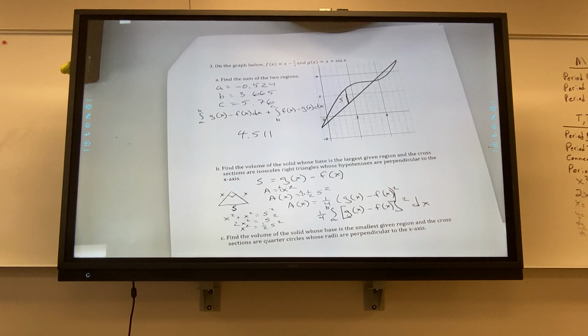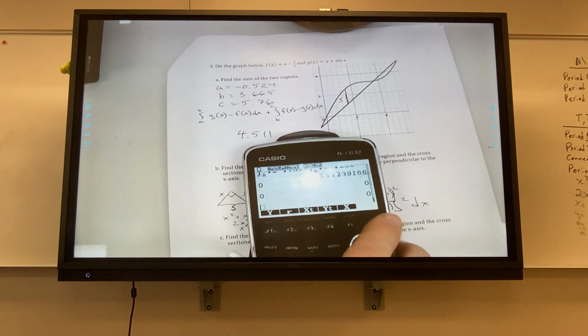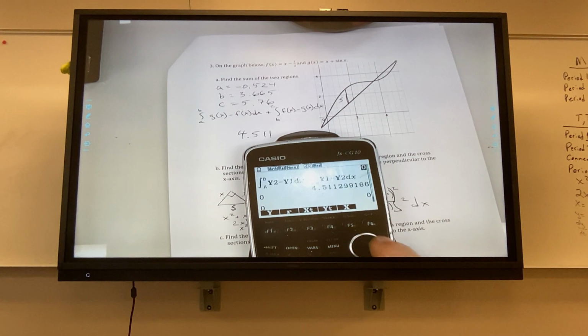And so I'm gonna come back to this calculator. And what I'm gonna do is delete all this. We'll put this in parentheses and square it.